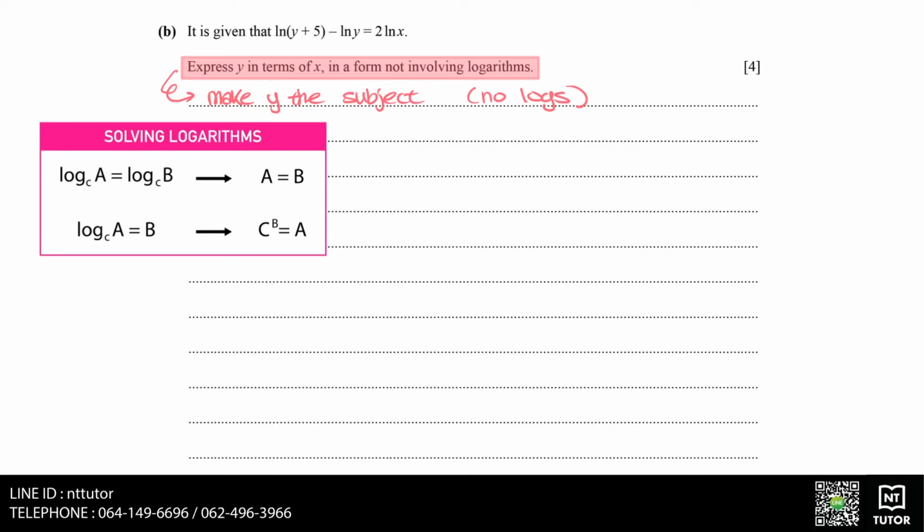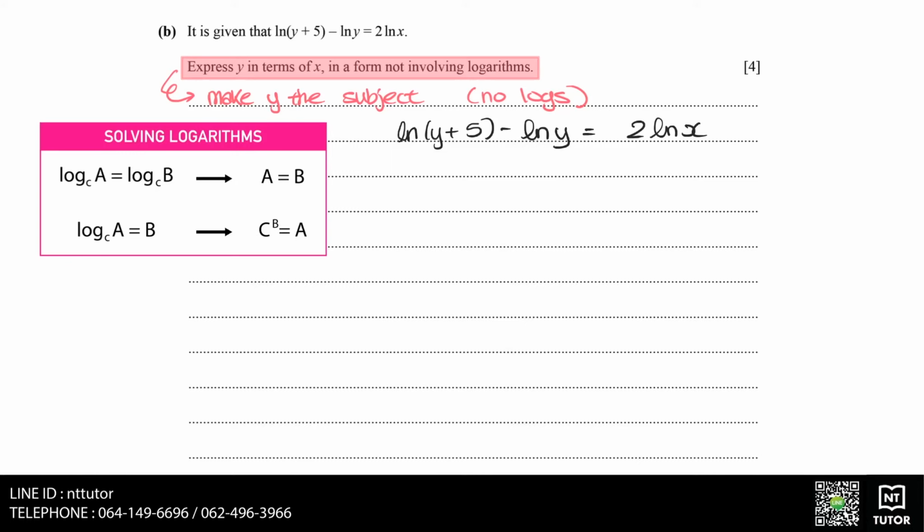So the aim here is to rearrange the expression ln (y plus 5) minus ln y equals 2 ln x into either forms that we can use to solve for x or y. The first thing we can do is combine ln (y plus 5) and ln y.